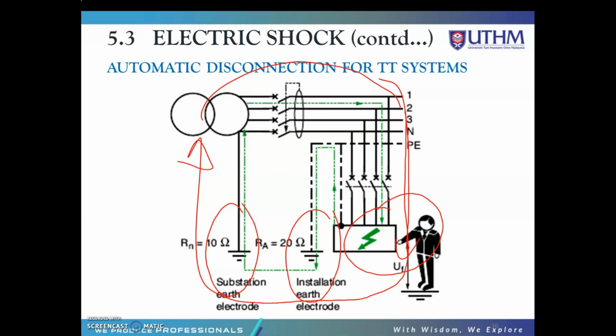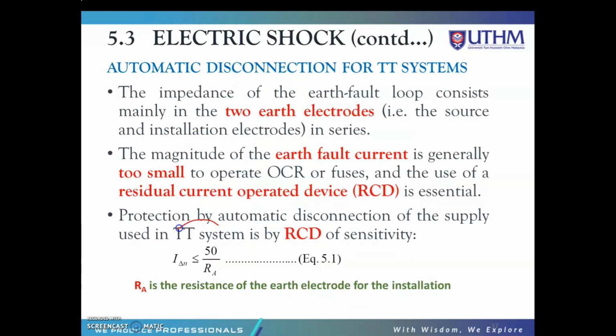Protection by automatic disconnection of the supply used in the TT system is by an RCD of sensitivity given by this equation: I delta n, the sensitivity threshold of the residual current device, is equal to or less than 50 over RE, where RE is the resistance of the earth electrode for the installation.